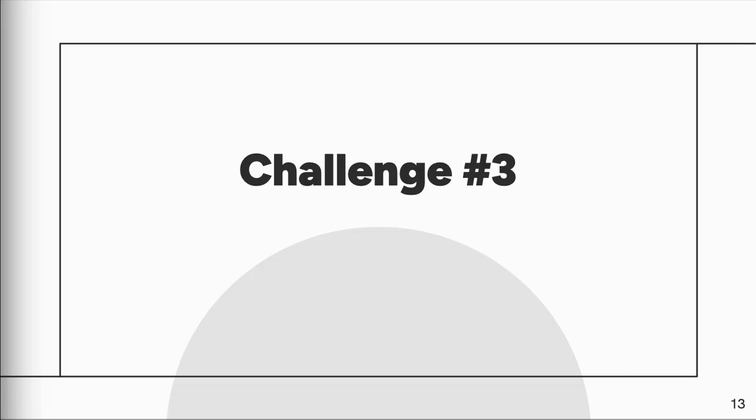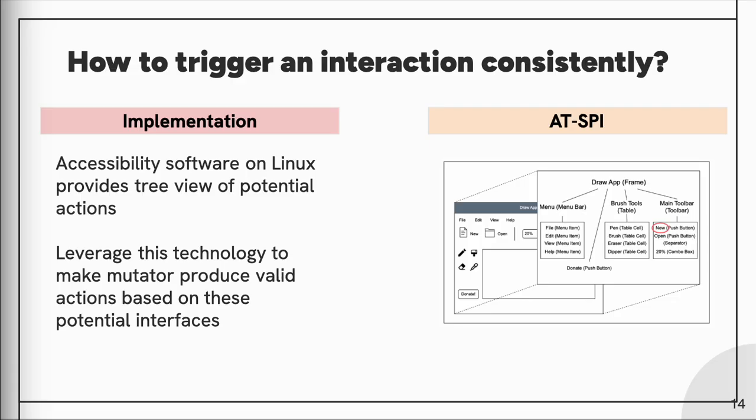So finally, the authors of the paper addressed the most interesting challenge, which is how do we actually maintain precise GUI interactions? And so when I say precise GUI interactions, I mean, how do we actually trigger meaningful interactions instead of just clicking around the screen? So when running a GUI fuzzer with arbitrary actions, it is incredibly likely that you just miss any actionable surfaces or actionable points on the screen.